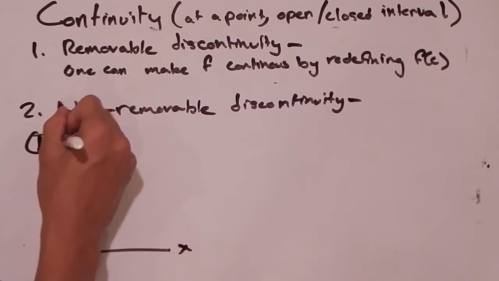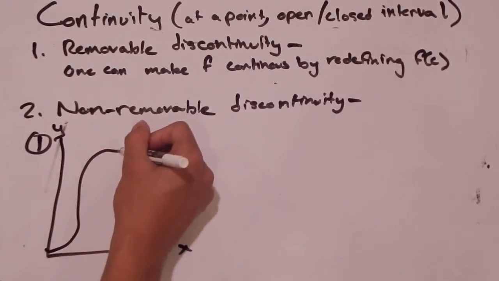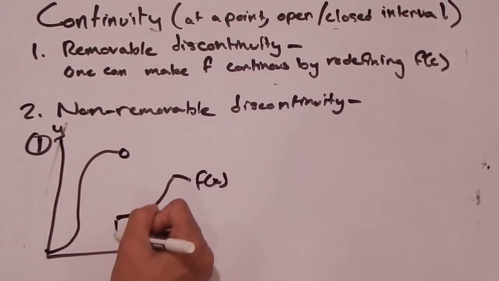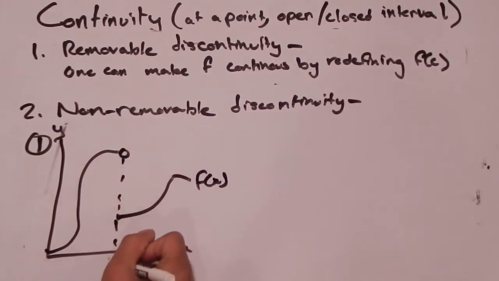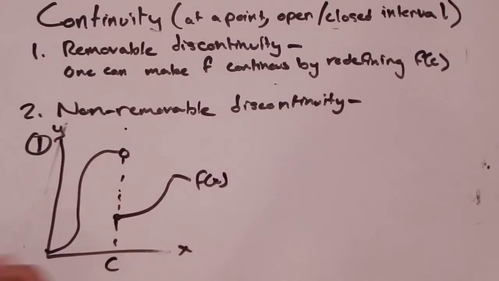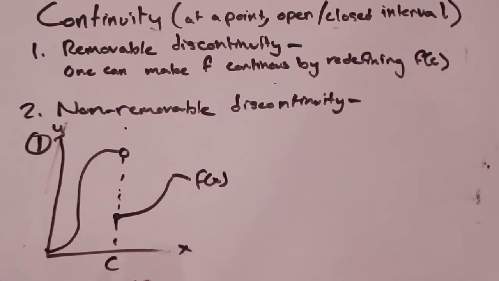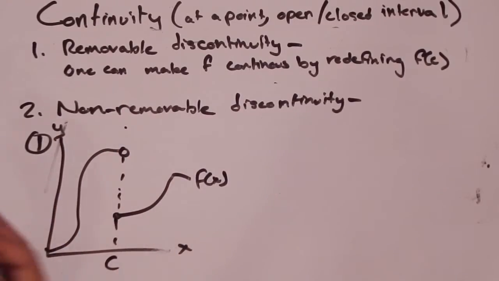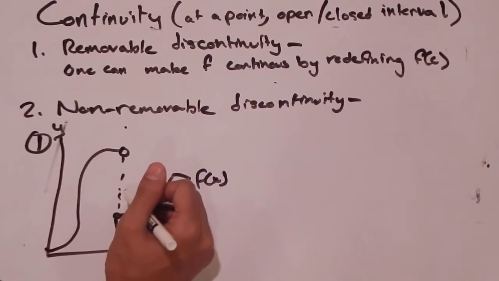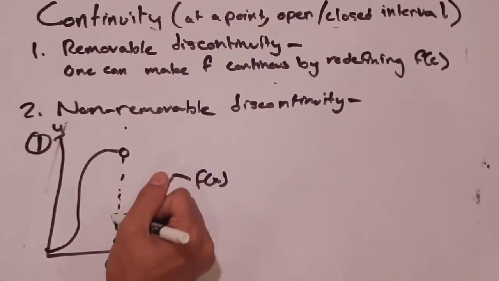We have x, y. Maybe our function looks something like this. So at this point c, it doesn't matter if we were to define f to be here or here or here or here. Whatever, the limit does not exist regardless, so we would not be able to make it so that the limit is equal to f of c regardless of how we define f of c.